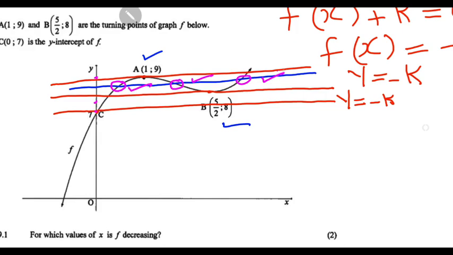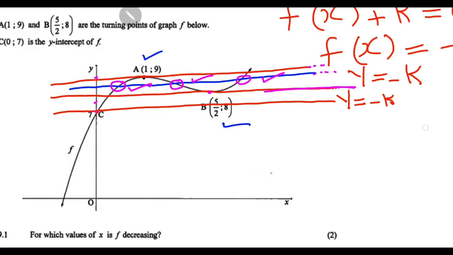All the way the y value is the same. Here the y value is 8, all the way along this line the y value is equal to 8. So between 8 and 9, these 2 turning points, this horizontal line touches the graph thrice. So you can see these are 3 positive x-intercepts.